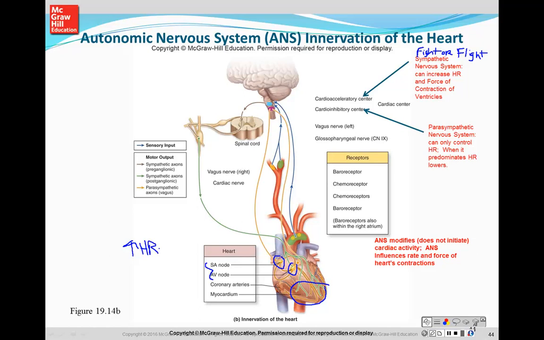And now we think about, well, what happens if the parasympathetic nervous system controls or is predominating? Well, then let's erase all this. Then, oops, get a different color. Then we have, thinking about these, antagonistic systems.